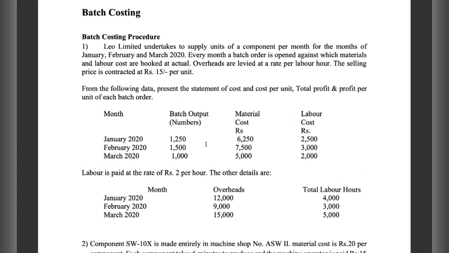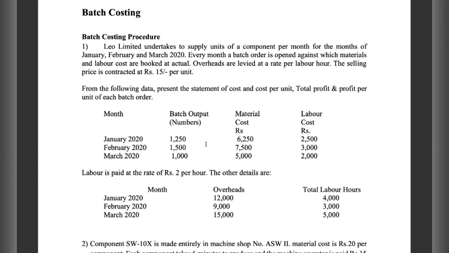Batch costing procedure. Leo Limited undertakes to supply units of a component per month for the months of January, February, and March 2020. Every month, a batch order is opened against which materials and labor costs are booked at actual. Overheads are levied at a rate per labor hour.